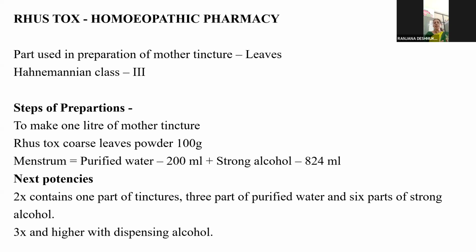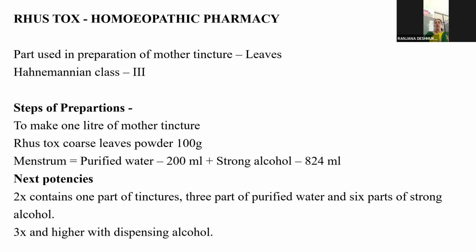For preparing mother tincture, we take the original drug substance, that is leaves, and a coarse powder is prepared, and the ratio is given in your slide. You can see it. If we take 100 gram of this coarse powder, we take menstruum, that is a combination of 200 ml of purified water and 824 ml of alcohol.